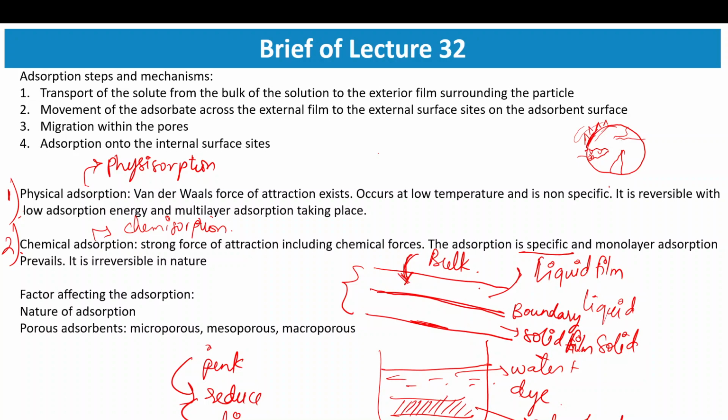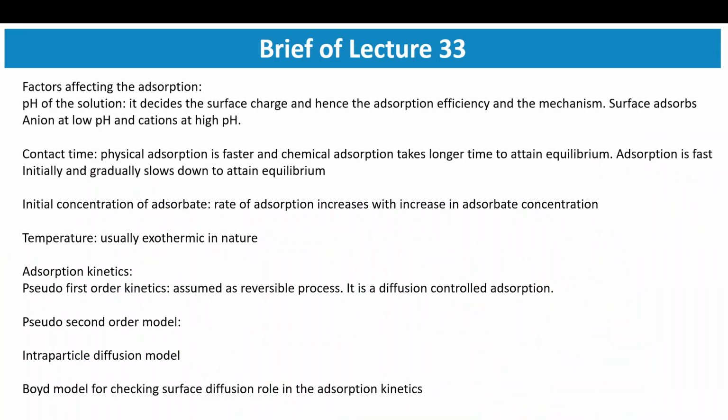If you want to remove one pollutant, there are chances that it's not just one pollutant, it can be n number of pollutants, but you want to specifically target only one. So the water matrix also affects it, then how much time you are providing, the temperature. There are a number of factors, and let's look into them one by one.